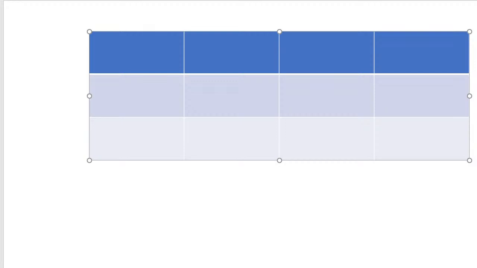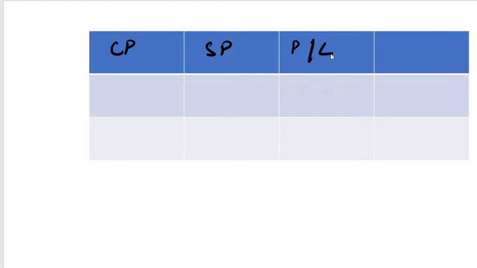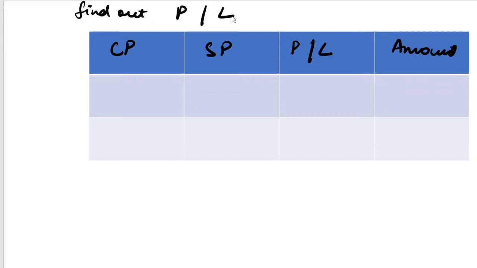Okay, now let's start. If I say this is your CP, this is your SP, and this is your profit or loss, and this is your amount. So you have to find out profit or loss here. How to find out?